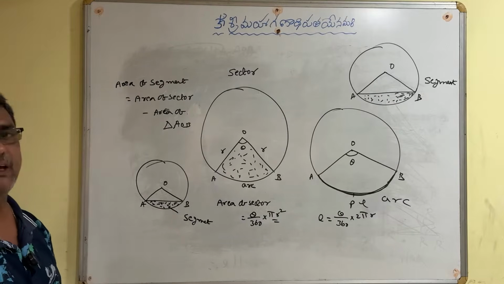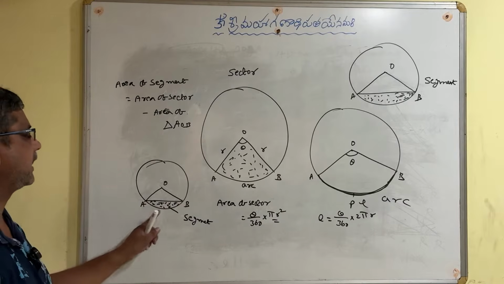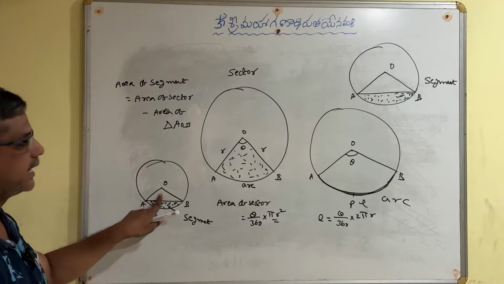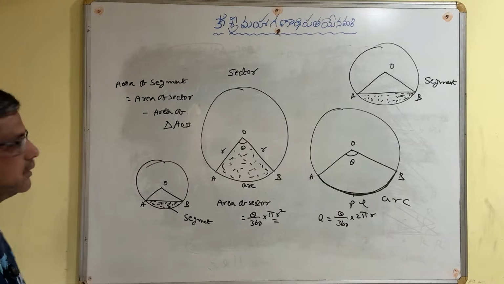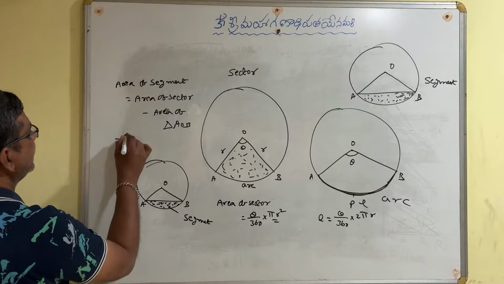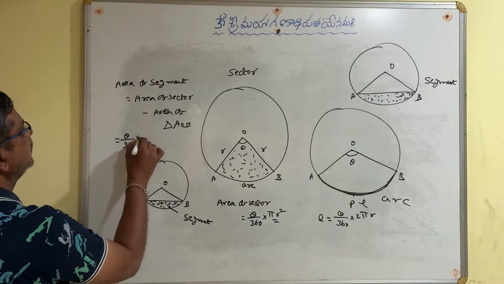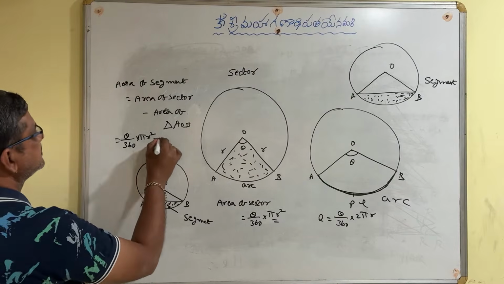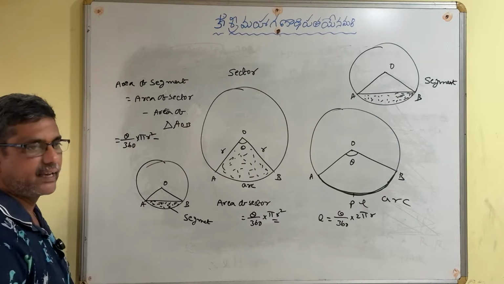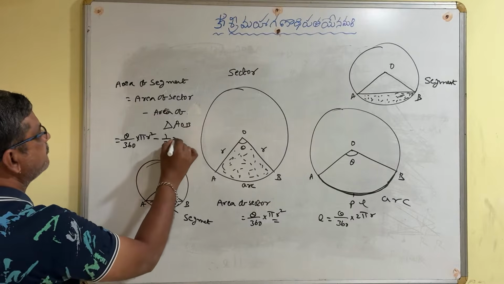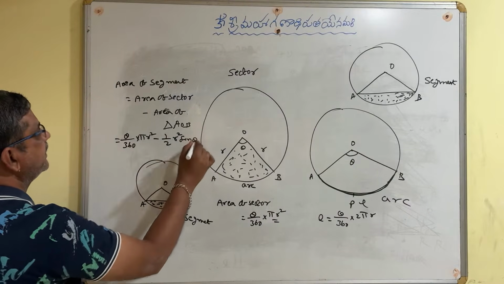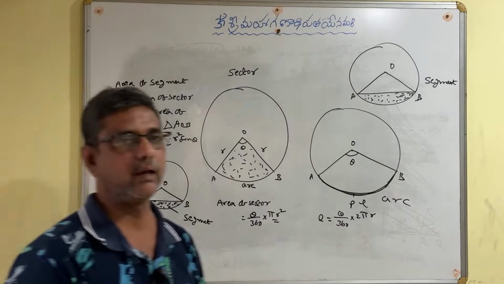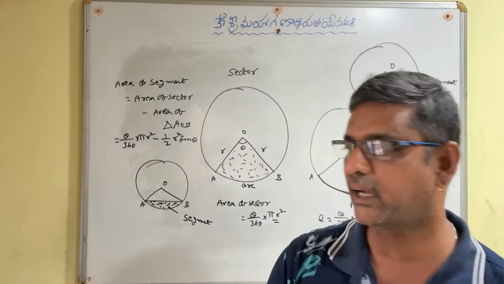Area of segment is equal to area of sector minus area of this triangle. Then you will get area of segment. Now I will write down the formula, that is theta by 360 into pi r square, which is area of sector, minus, for area of triangle, for any triangle you can apply this formula, half r square sin theta, where theta is sector angle.